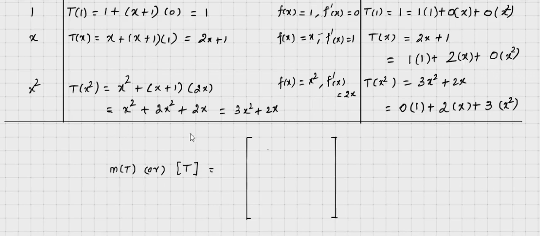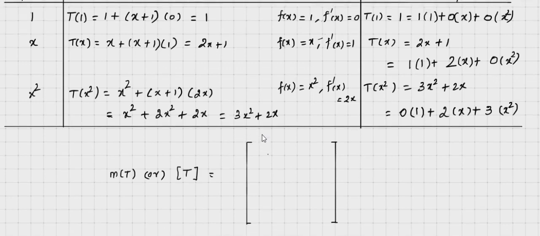Now we are writing the basis of input set, that is 1, x and x square, right? Here we will be writing the basis of output set. In this problem we have the same set as input and output, so we have the same basis row wise as well as column wise.